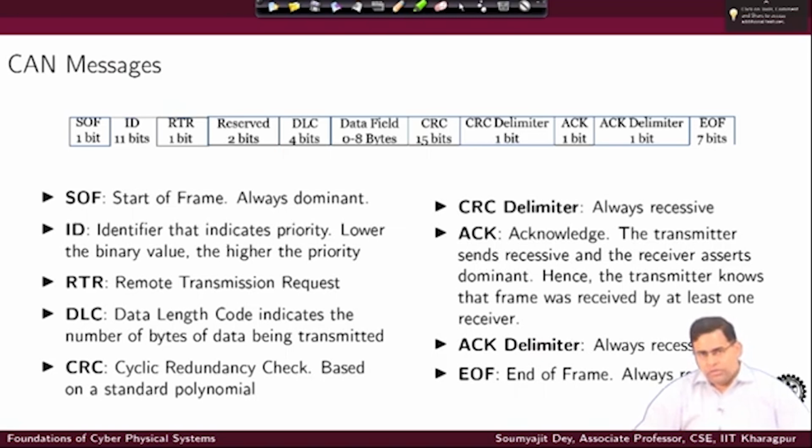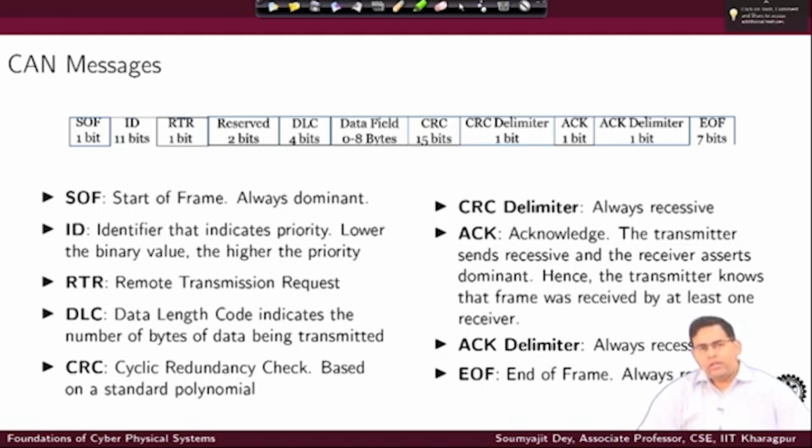Or a logic 1 would be set, and the receiver will assert a logic 0. That means a voltage difference of 2. That is the dominant bit. So when the transmitter sees that well, I have sent this in a recessive mode, but it has become dominant, then it would know that the receiver has indeed received it and acknowledged it. In this way, the transmitter knows that the frame has been received by at least one receiver.